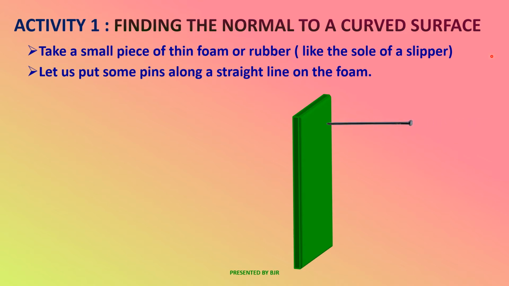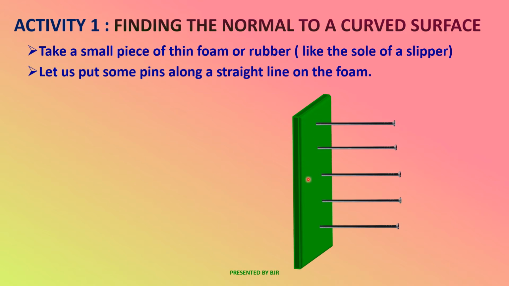The first nail I am putting. All the pins I am going to put are along a straight line. So all these pins are perpendicular to the plane of the foam.